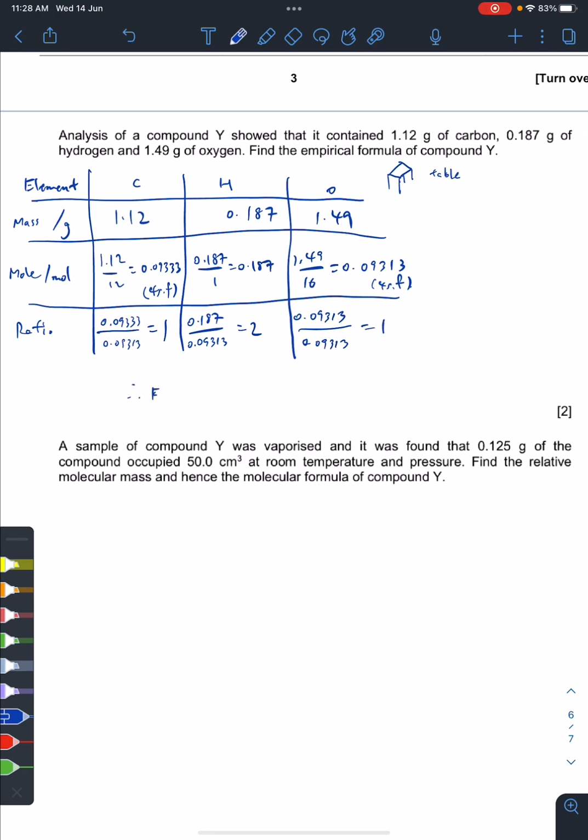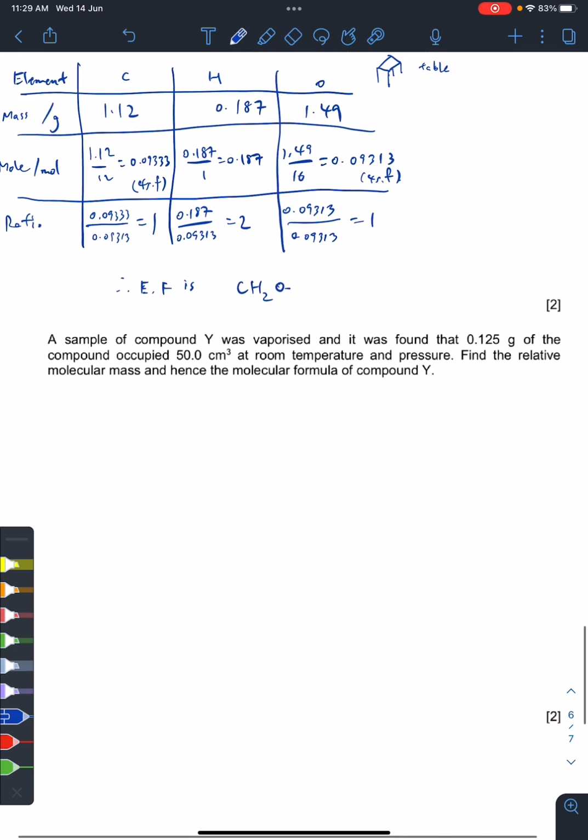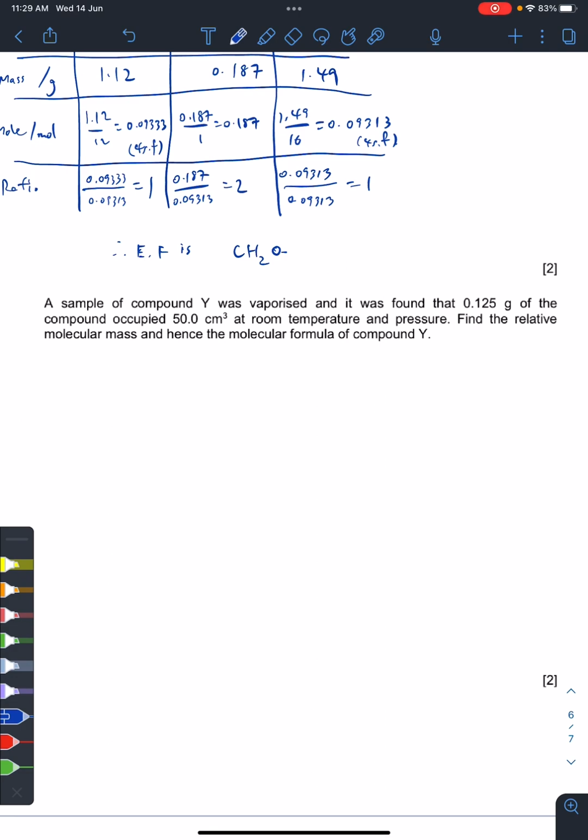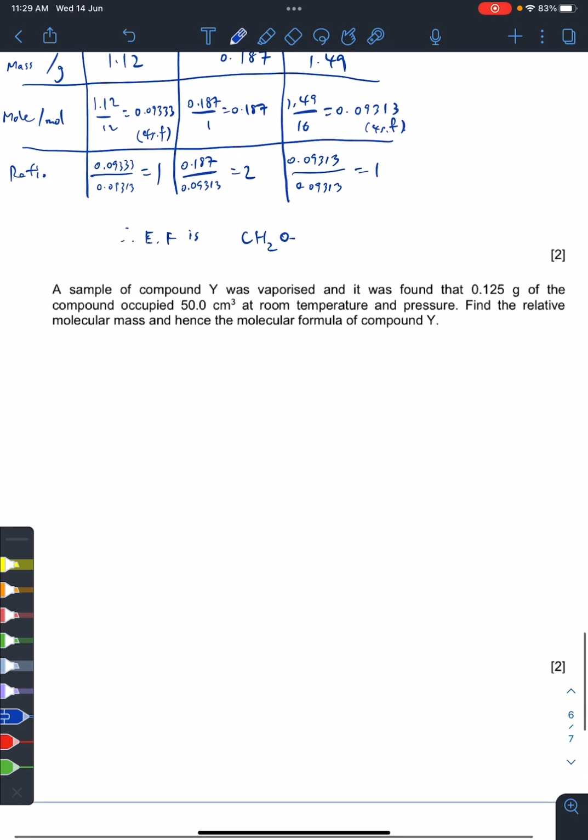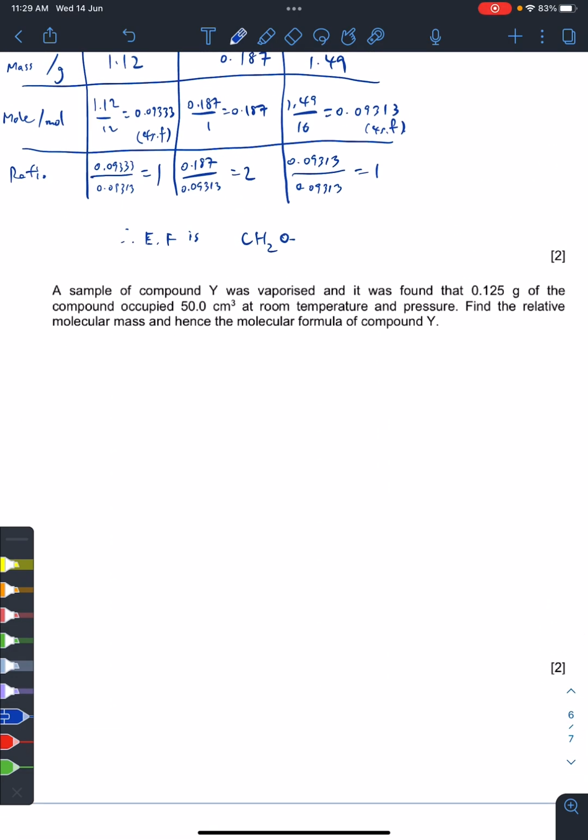Therefore, the empirical formula is CH2O. Oh yay, cool. Okay, the last question is to find the moles.